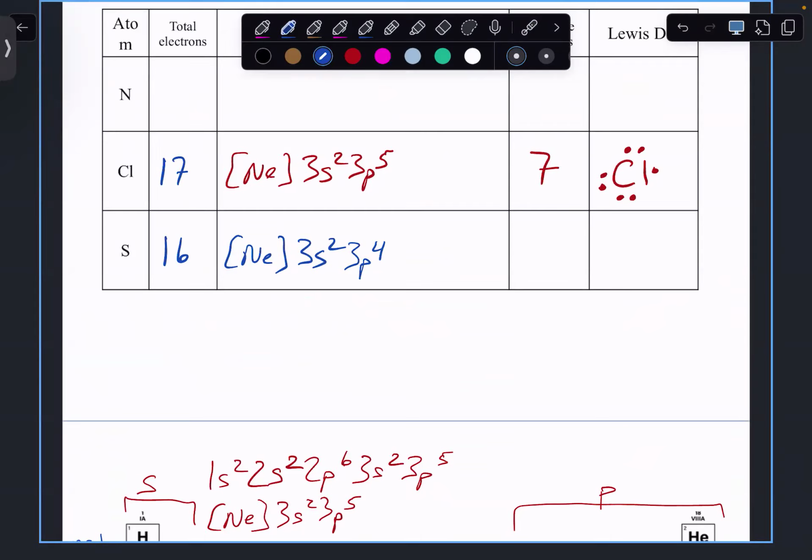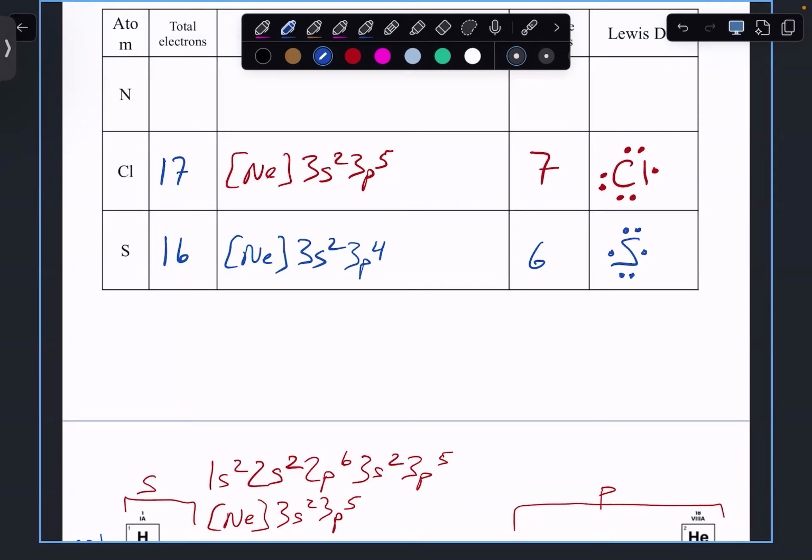So how many valence electrons do we have in sulfur then? 6 valence electrons. And so we go in and start filling the dots in to represent the valence electrons. We've got 6 valence electrons, which means we need 6 dots. So that would be my Lewis dot structure of sulfur.